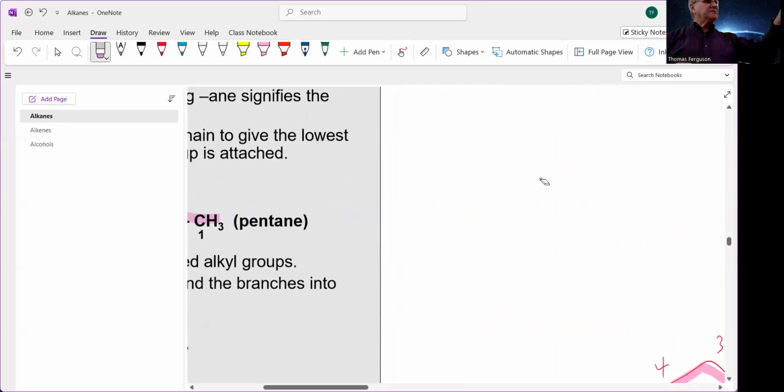Remember, there are 3 parts to name it. The middle part is how long is the carbon chain.